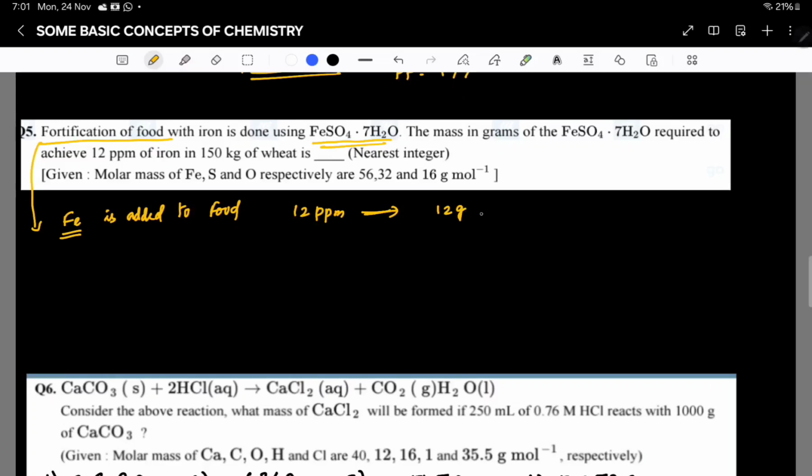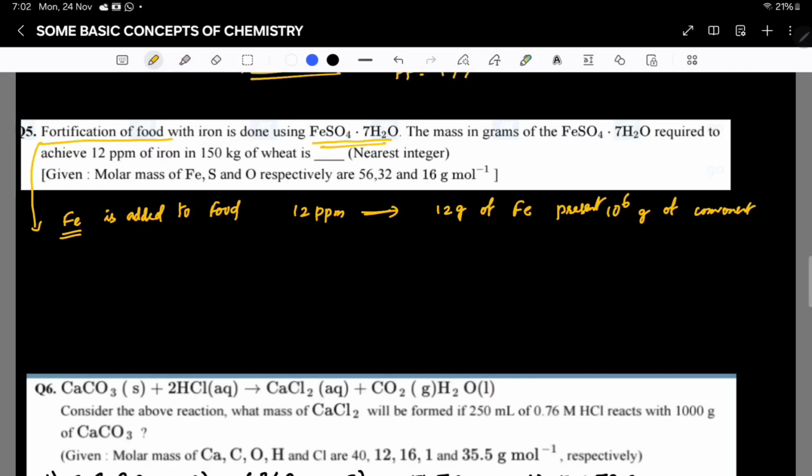12 ppm means nothing but, student, 12 grams of iron present in 10 to the power of 6 grams of component.